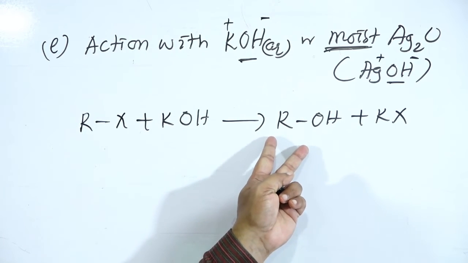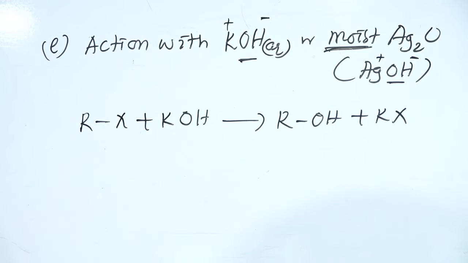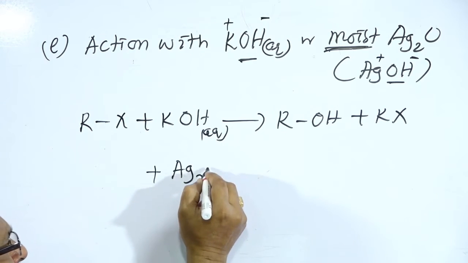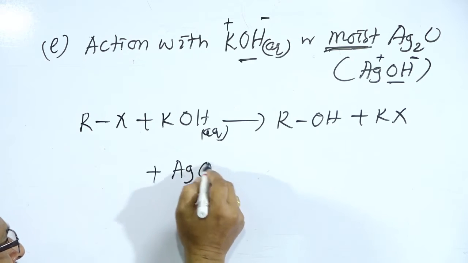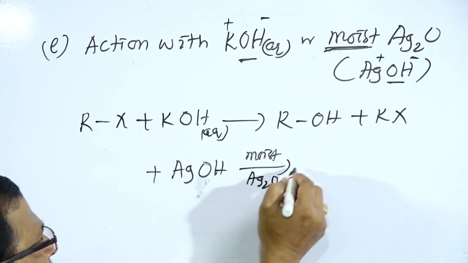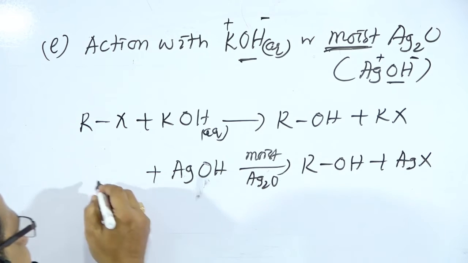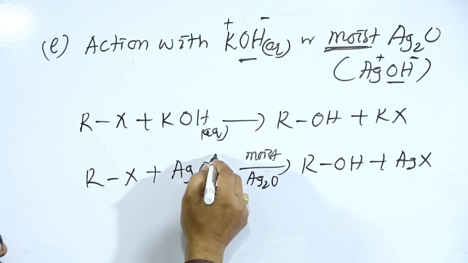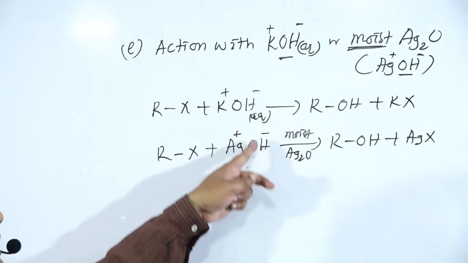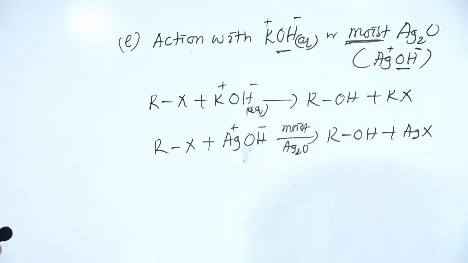Regarding methods of preparation of alcohol from alkyl halide: alkyl halides react with aqueous KOH or moist Ag2O to form ROH plus AgX. In this case, OH minus acts as the nucleophile. That is a nucleophilic substitution reaction.